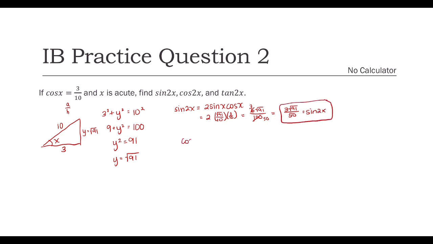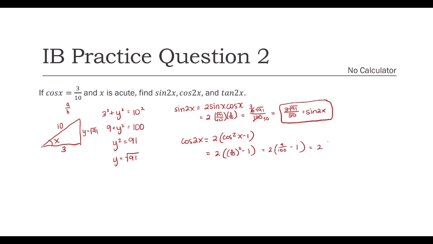Our cosine of 2x, we could use any of the double angle identities that we were given earlier. Let's just use 2 times cosine squared x minus 1, because we were originally given our cosine of x. So this will be equal to 2 times 3/10 squared minus 1. That equals 2 times 9 over 100 minus 1.